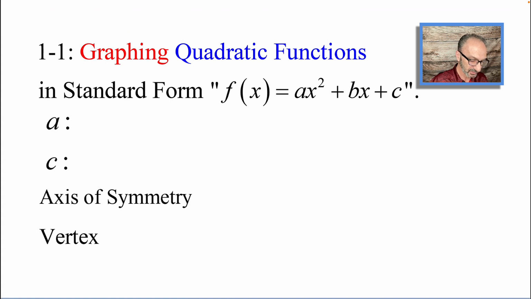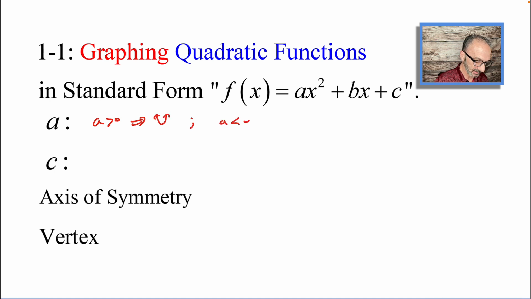For graphing quadratic functions of the standard form ax squared plus bx plus c, there's a few things that we need to know. If a is positive, a is greater than 0, the graph will open up.